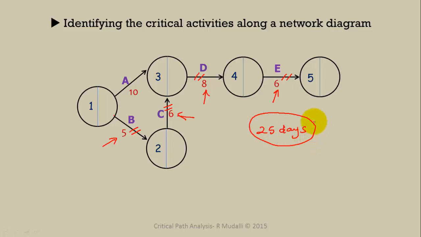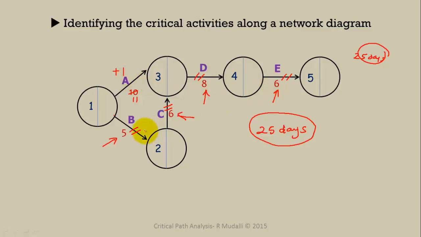So you will understand that if A is delayed by 1 day, that is, instead of 10, it becomes 11 days, 11 plus 8 plus 6, it still makes 25 days. So it means that even if A has been delayed, it doesn't delay the whole project.